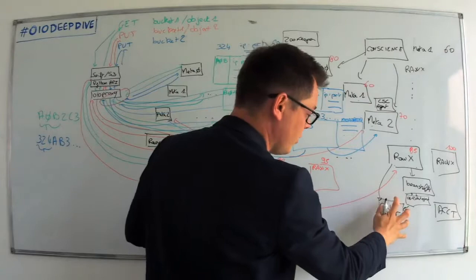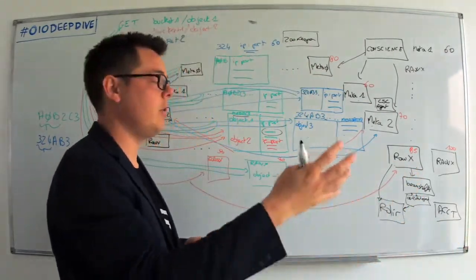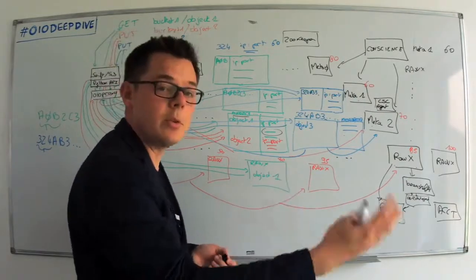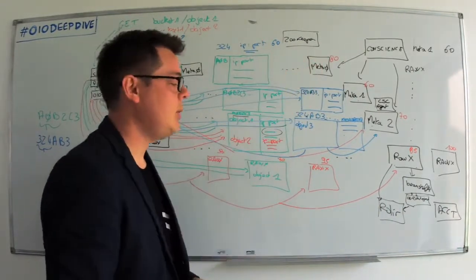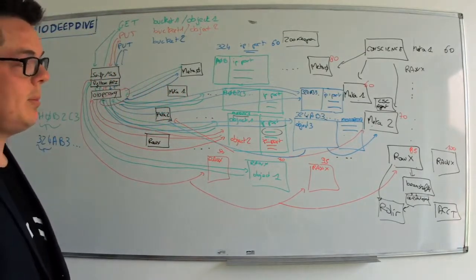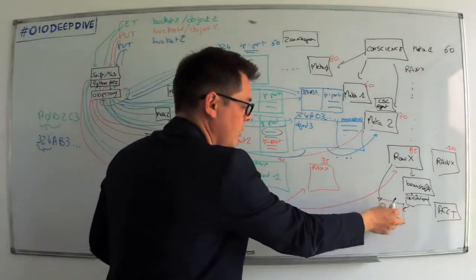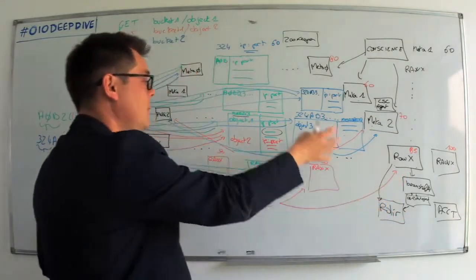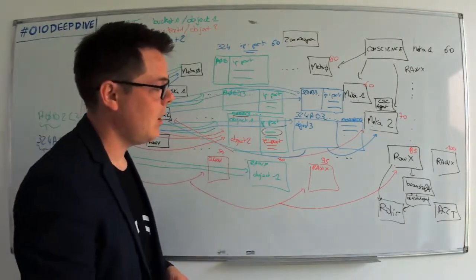Of course, the reverse directory attached to this RAWX is obviously not on the same node or on the same disk, because if you lose the data, the way you can rebuild the data will be quite difficult. So the reverse directory for this RAWX will be on a different data center, different node, different disk, whatever.